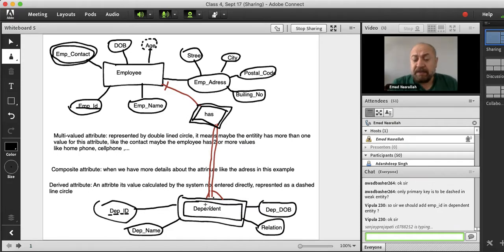Some people, let me tell you, I told you yesterday, you cannot always trust the internet, especially when we see ERs, because not all ERs on the internet are created by experienced people. Some people make a mistake, which is adding foreign keys on the ER, which is wrong. You know what a foreign key is, don't you?